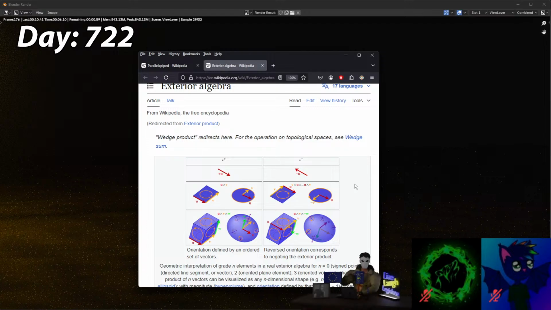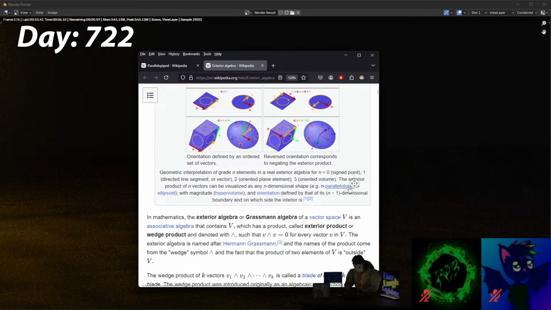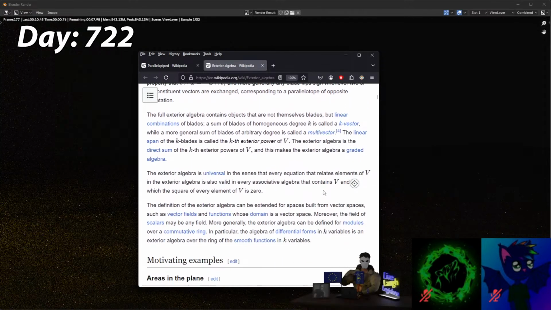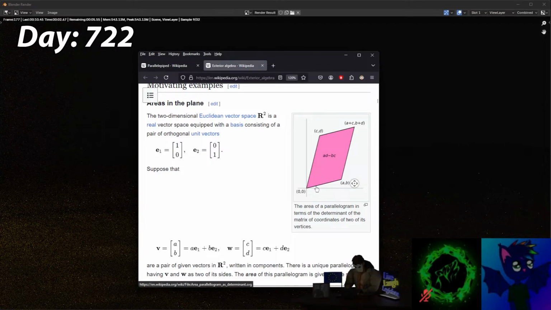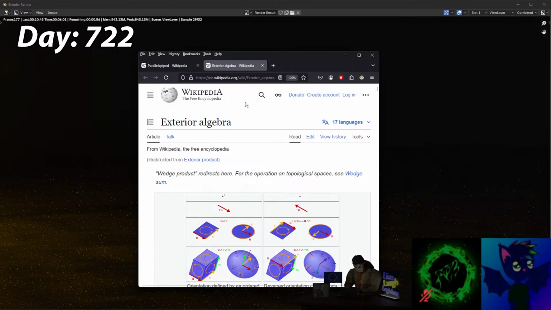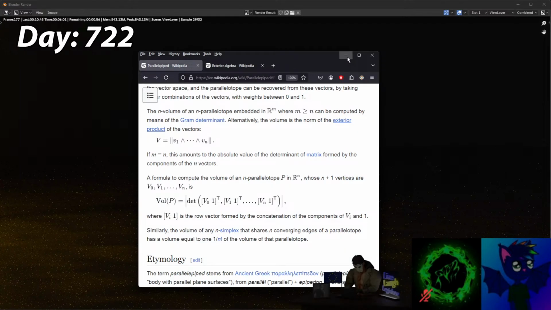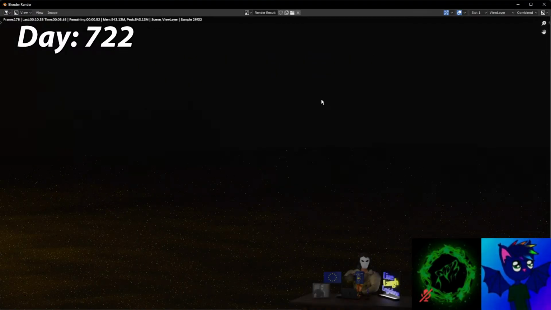Should we also explain these? The magnitude of high dimensional motive.